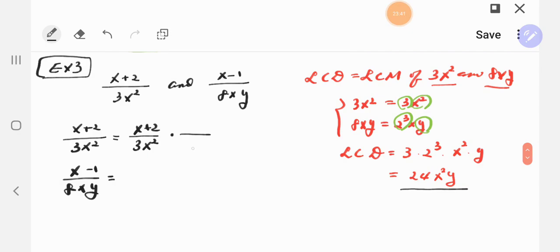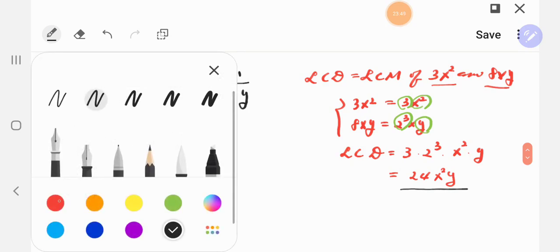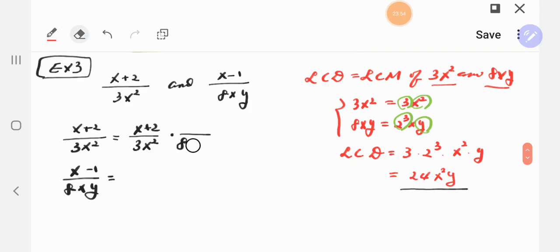So 3 times 8 is 24. We already have x squared and then y. So what we'll do is multiply the denominator by 8y, so that the denominator will be 24x squared y.